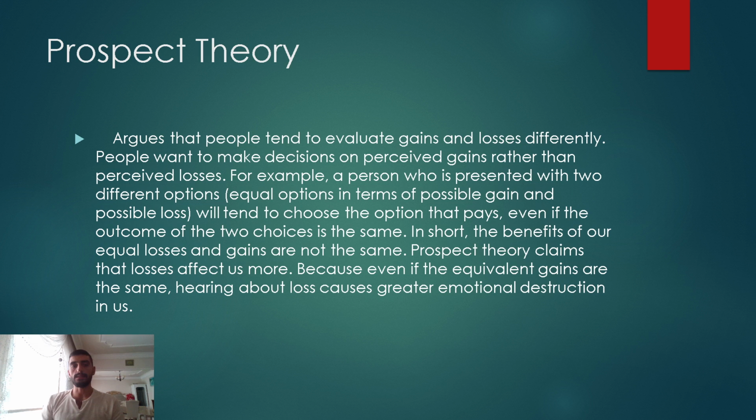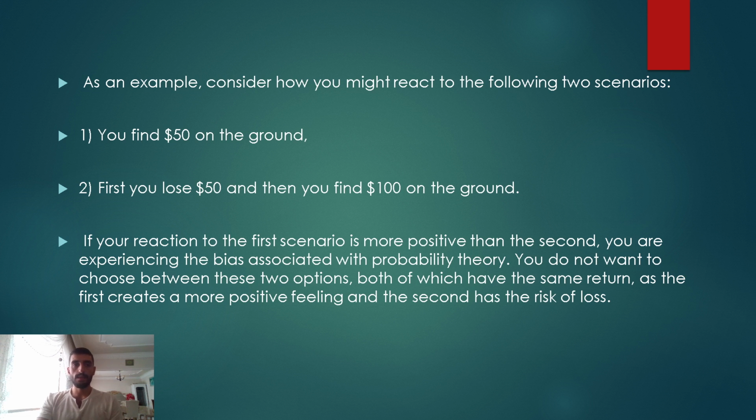Prospect theory claims that losses affect us more, because even if the equivalent gains are the same, hearing about loss causes greater emotional distress in us. As an example, consider how you might react to the following two scenarios.